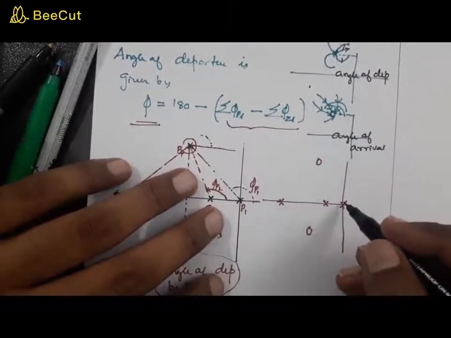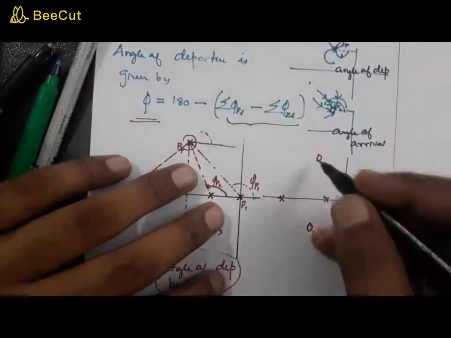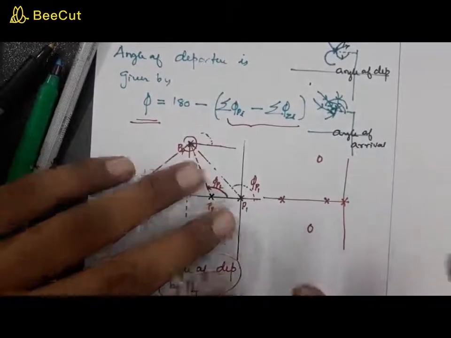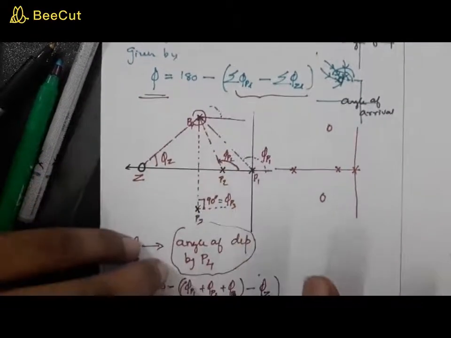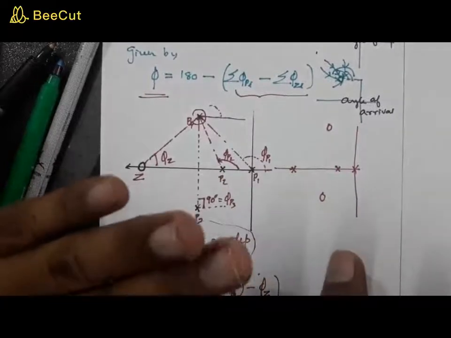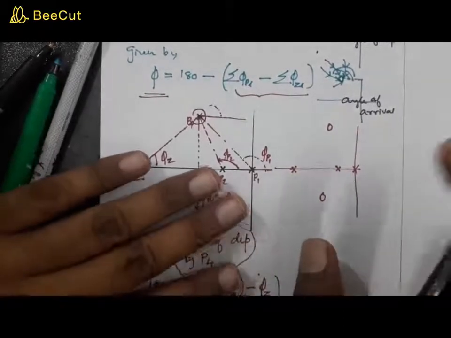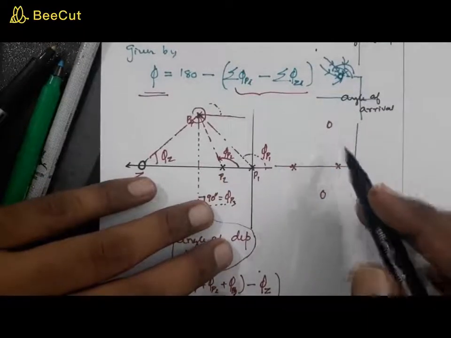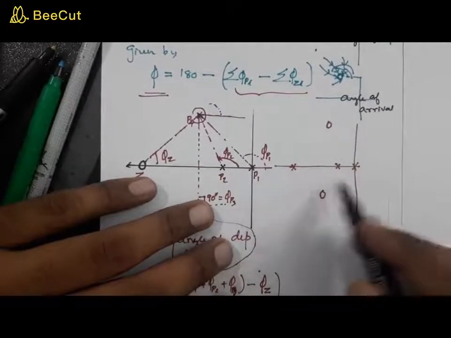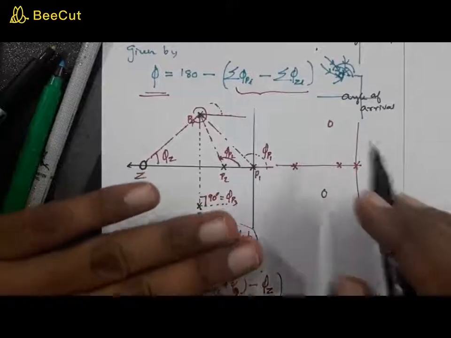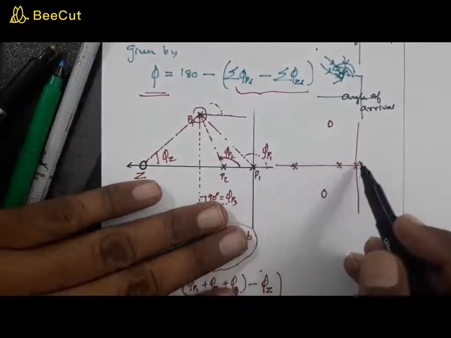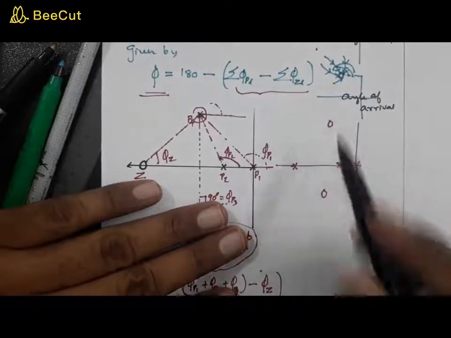So that means one of these poles will be coming over this and one of these poles will be coming at this, because whenever there is a zero present near any one of the poles, one of those poles will be terminating at one of those zeros. So you have two poles and two zeros here. Definitely among these three, we are not sure which will go to which side. Anyway, among these three, two of these poles will be terminating at these two zeros.